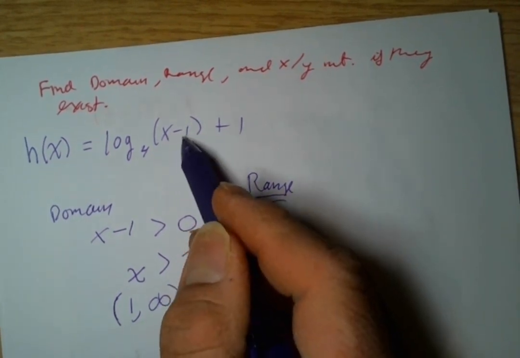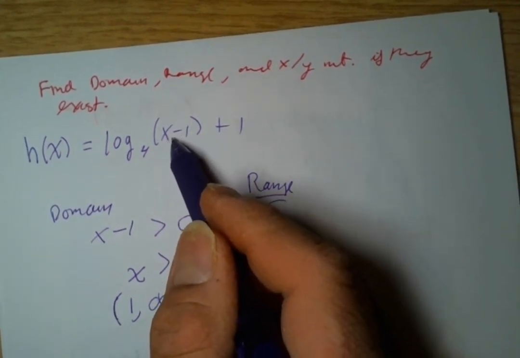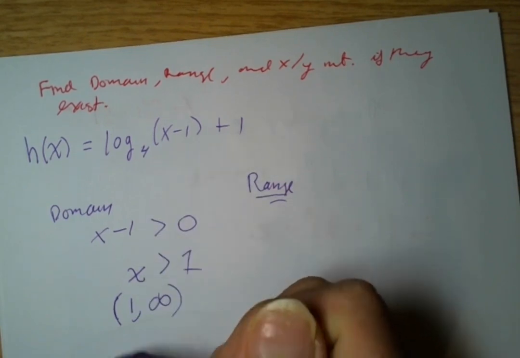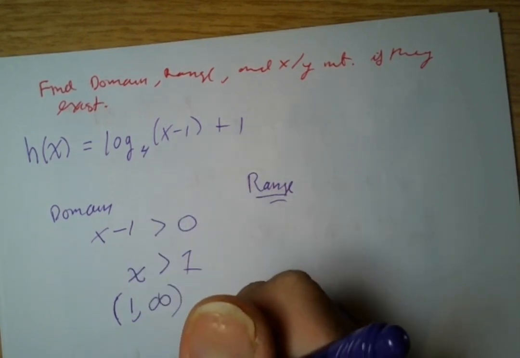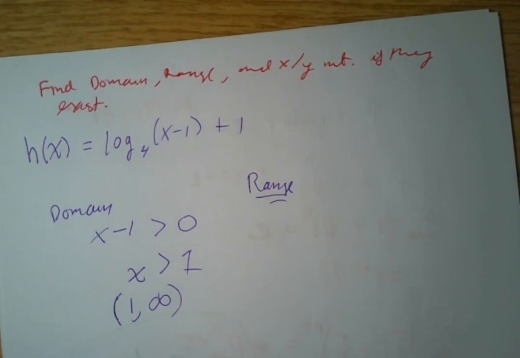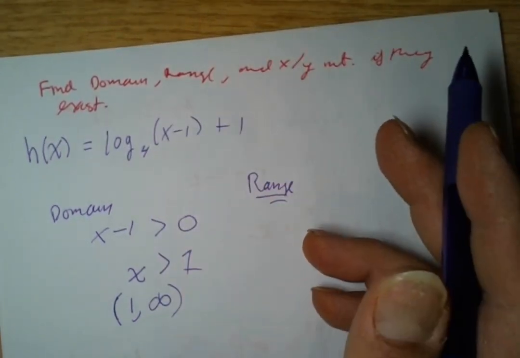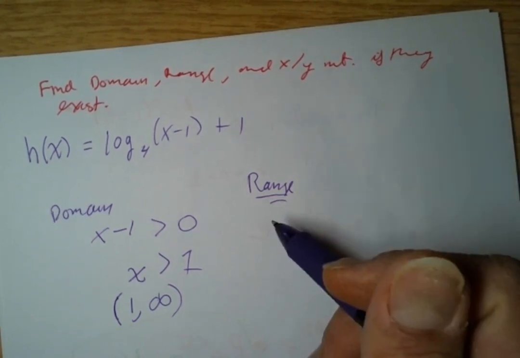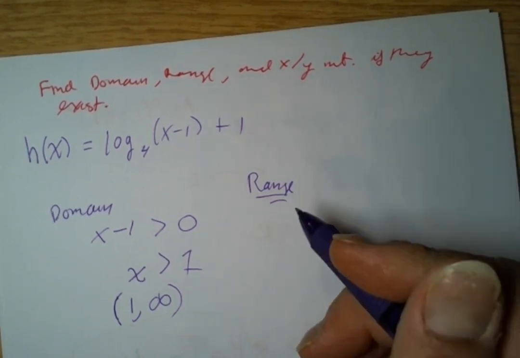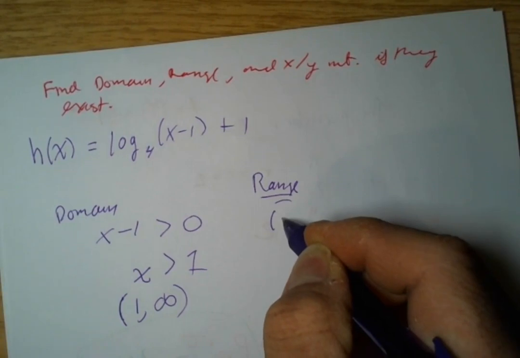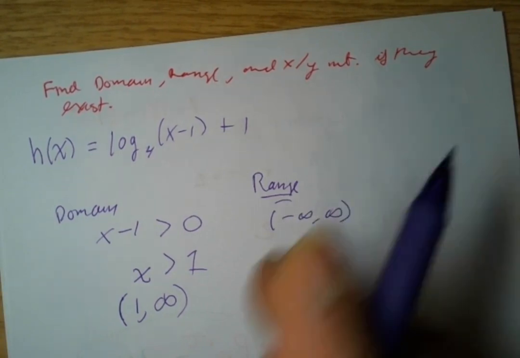As we get closer to 1 here, and closer to 0, it goes downward, so it goes down to negative infinity. And as we go away from 1, it grows, not very quickly, but it still grows towards infinity. So the range will be all real numbers. That doesn't change.